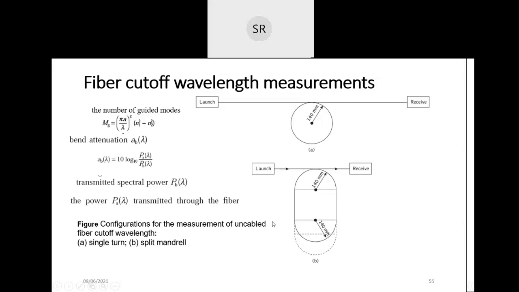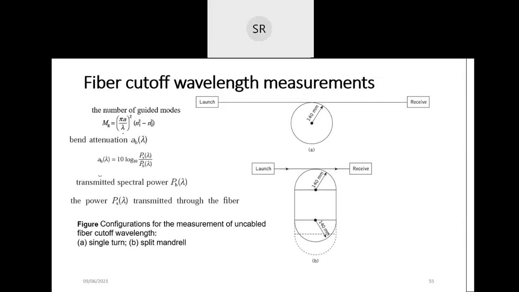In general, we can say that the bend attenuation here depends upon the mode, because the mode depends upon the wavelength. So that's why the bend attenuation will depend upon the wavelength here.